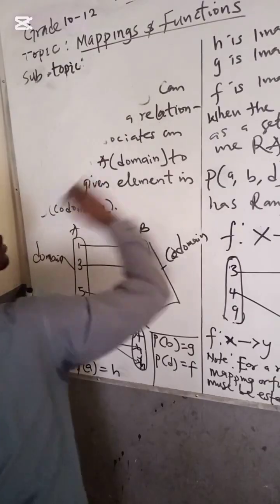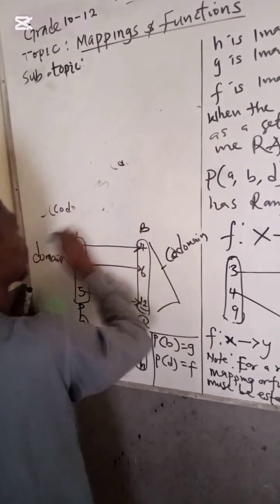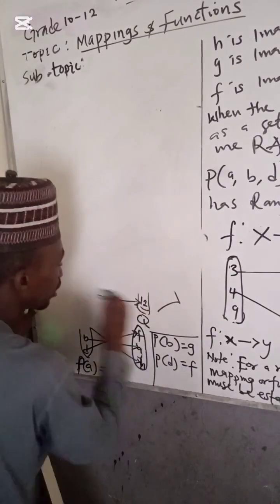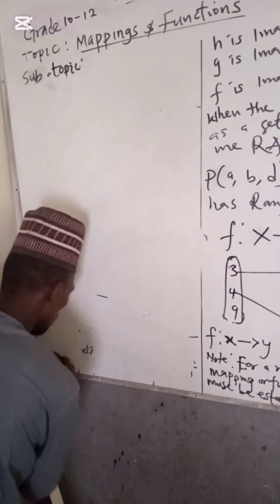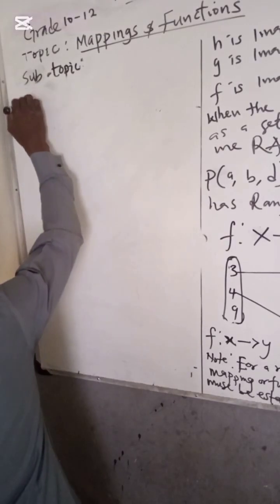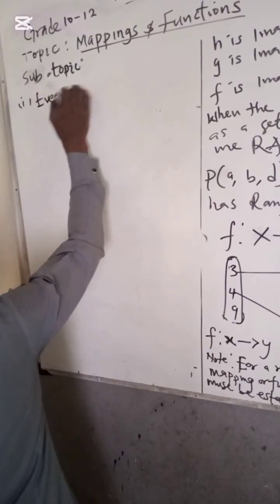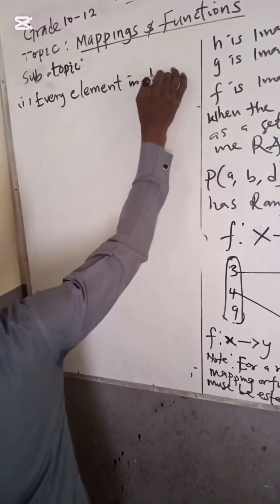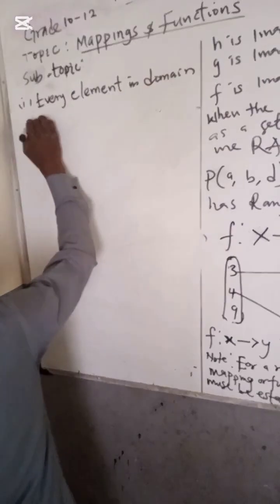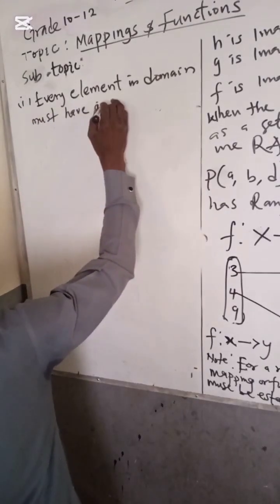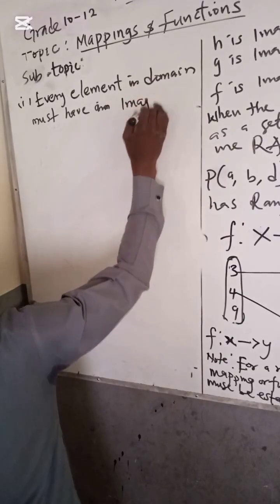Every element in domain must have an image in codomain.